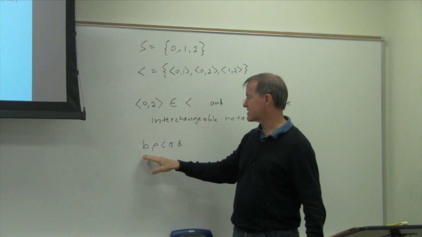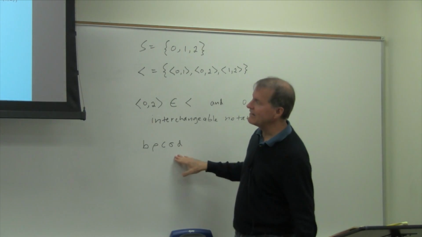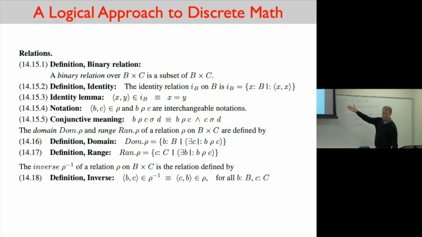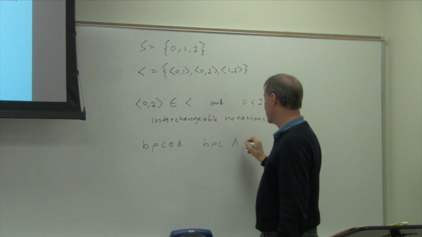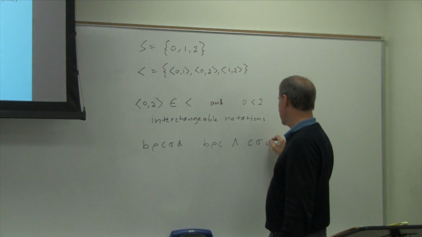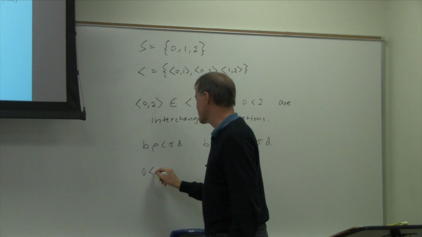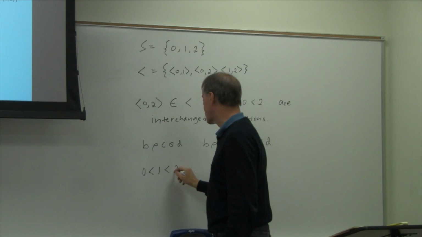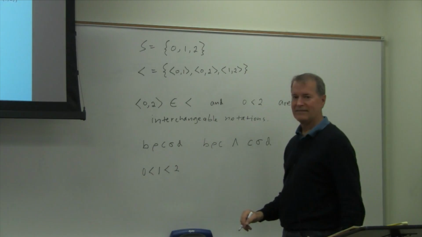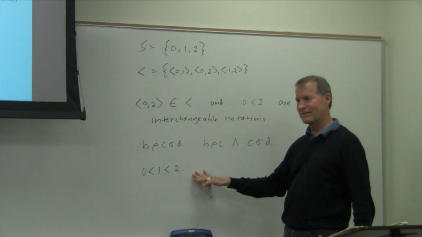So what this is saying is that B, rho, C, sigma, D, by the conjunctive meaning, is B rho C, and C sigma D. What this is saying is that 0 is less than 1 is less than 2 in this example.